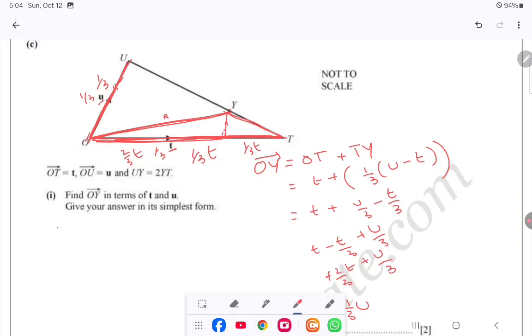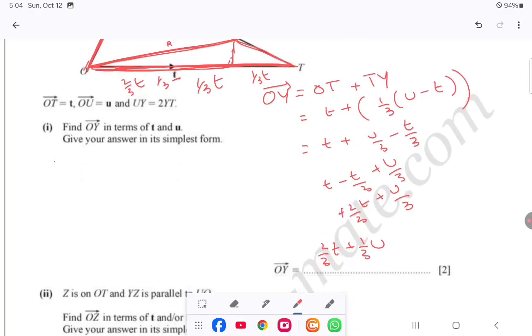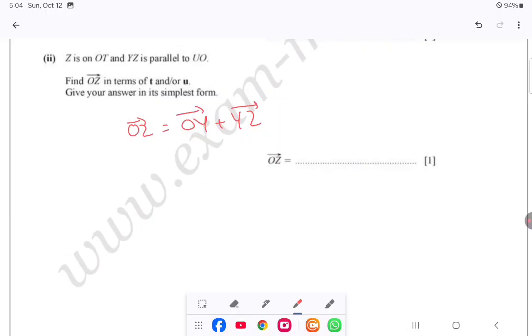So this is our given YZ and OY. OY is 2 over 3 T and YZ is 1 over 3 U. Put the values. OY is 2 over 3 T plus YZ is 1 over 3 U. Solve it further.